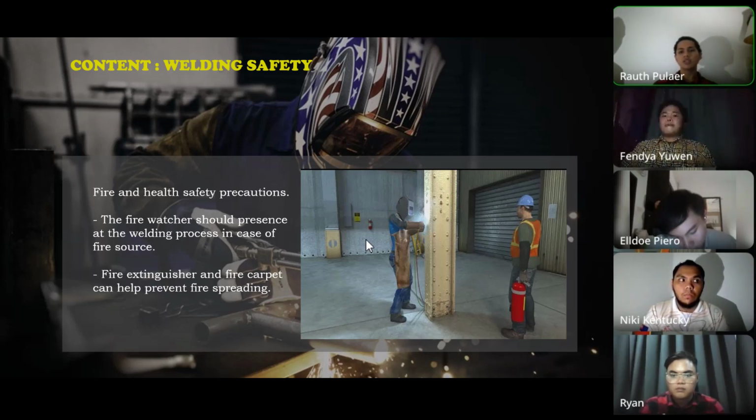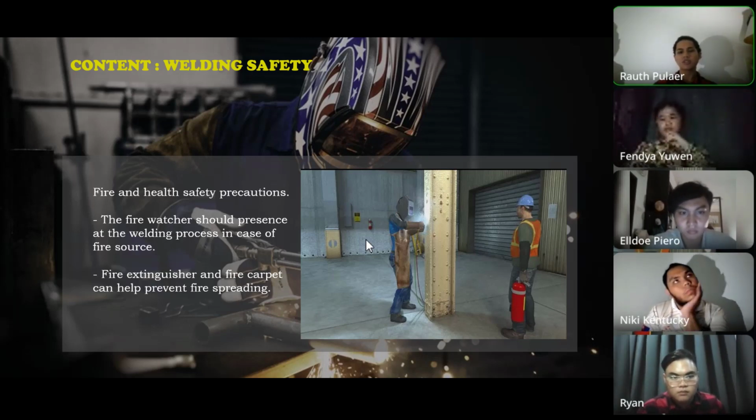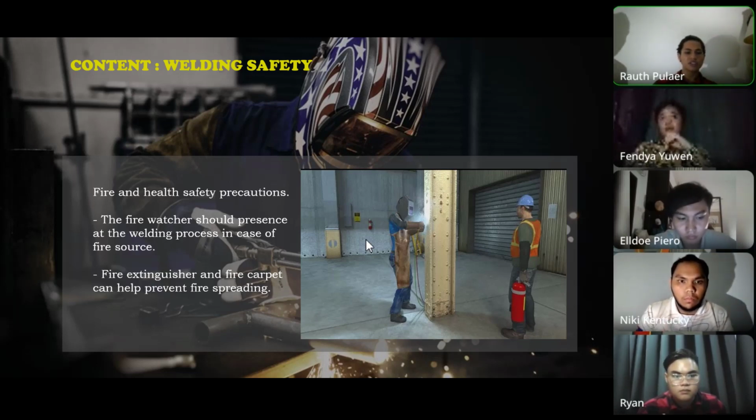They will be beside or a few meters away from the welders, taking care of the welders in case of any fire. Their job is to extinguish any presence of heat or fire. Examples here are fire extinguishers and fire blankets, which can help prevent fire from spreading.